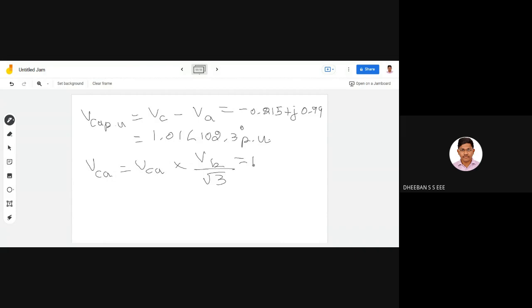So I'll get 1.01 into 13.8 by root 3 at an angle of 102.3. Okay, so I'll get a value around 8.05 at an angle of 102.3 kilovolt.